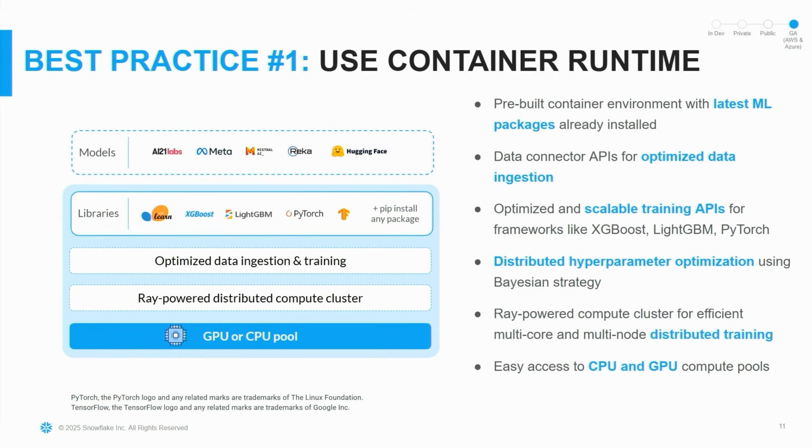It's a pre-built service that runs over top of an open source Ray cluster in the background, giving you super efficient distributed machine learning training operations, and coupled with a whole bunch of additional capabilities like our DataConnectors, parallelized hyperparameter tuning, Bayesian optimization for machine learning workloads, and much, much more on top of CPU and GPU access. So if you're building ML, use the container runtime first. You're going to get maximum performance at better unit economics than you would with alternative solutions.